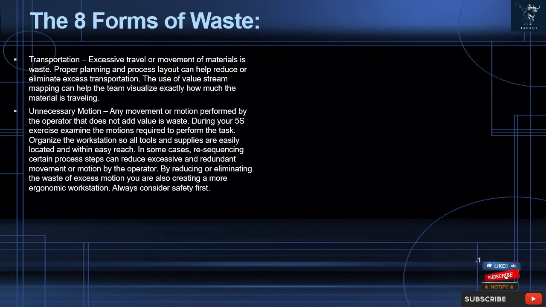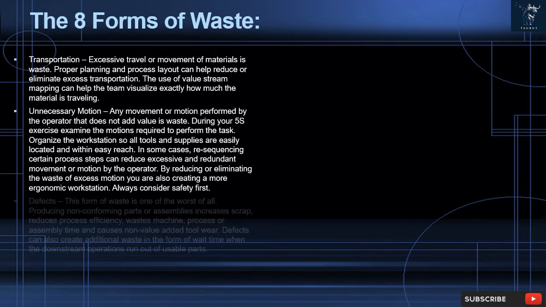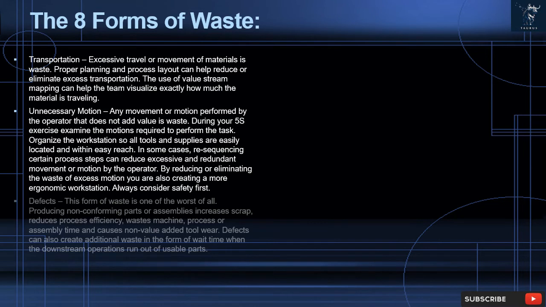Organize the workstation so all tools and supplies are easily located and within easy reach. In some cases, resequencing certain process steps can reduce excessive and redundant movement or motion by the operator. By reducing or eliminating the waste of excess motion, you are also creating a more ergonomic workstation. Always consider safety first.